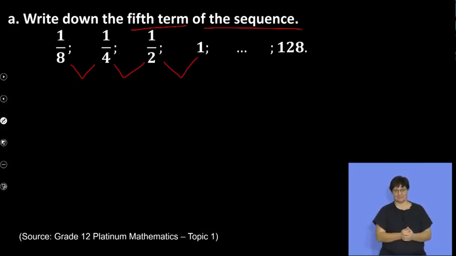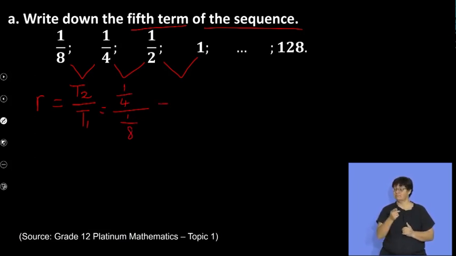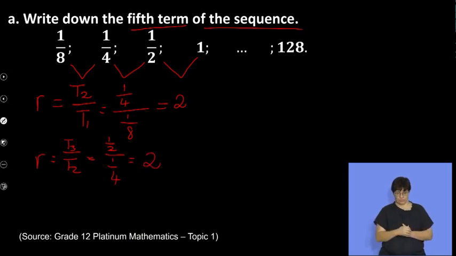So we have the common ratio, which we discussed earlier, is equal to term 2 over term 1, which will be equal to a quarter over an eighth. And a quarter over an eighth gives me an answer of 2. I can also check my common ratio by doing term 3 over term 2, which is 1/2 over a quarter, which will give me a common ratio of 2.